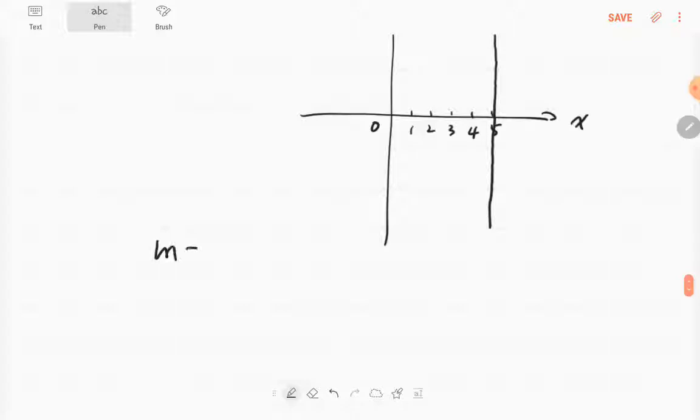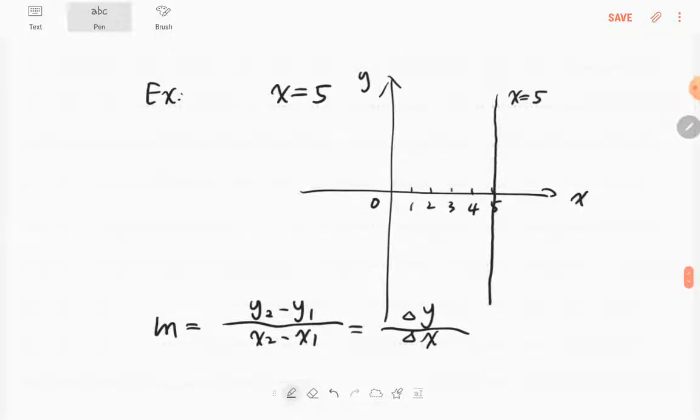So let's check the definition. We know the top should be the delta y, the change of the y value. But how about the denominator this time? It's change in x. But is there any change in x value for this kind of line?